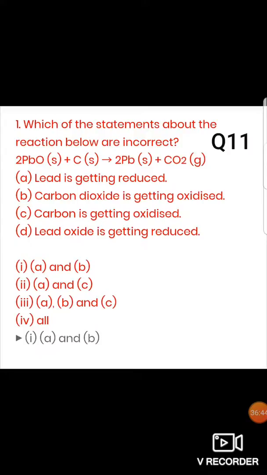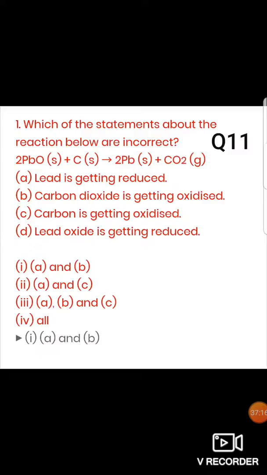So the incorrect ones are, first, lead is getting reduced. On the left hand side we can see oxygen getting reduced.